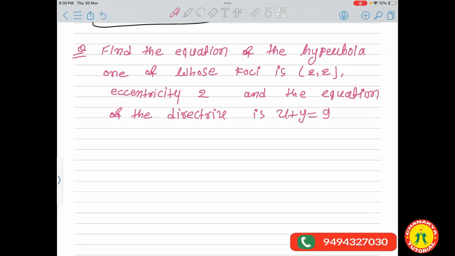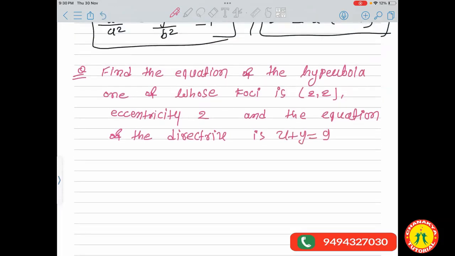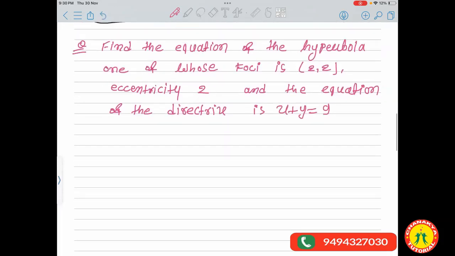Everything is given. Apply PS upon PN equal to e. We get the answer. Try to do it and say the answer.